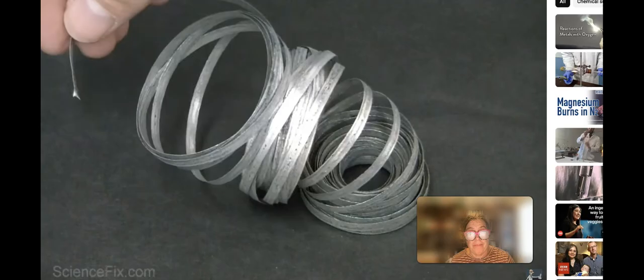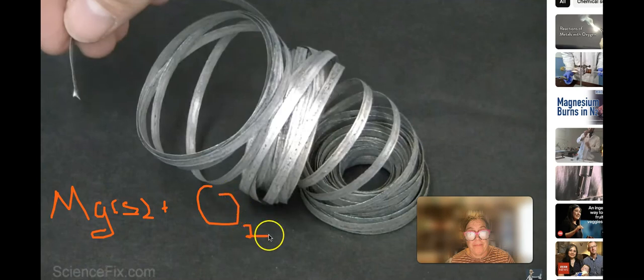So we've got Mg solid plus O2 gas goes to MgO. And you will see in the video and also in the Wikipedia that that was a solid white powder.